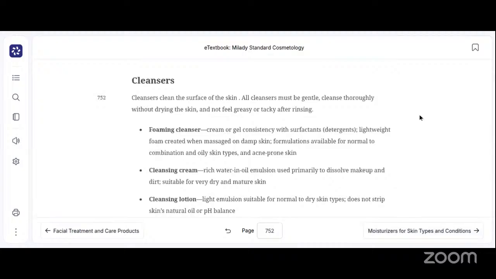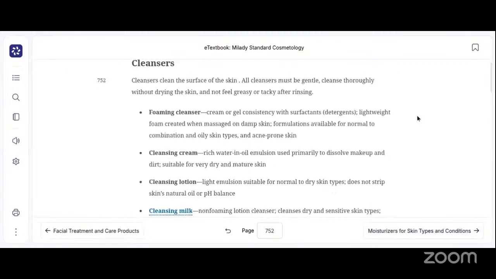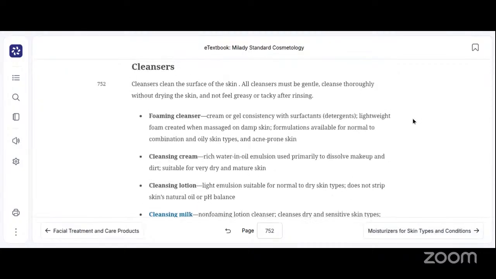I really want us to look at this because there are different types of cleansers. Cleansers clean the surface of the skin. I love cleansers. This is the beginning of your facial treatments.